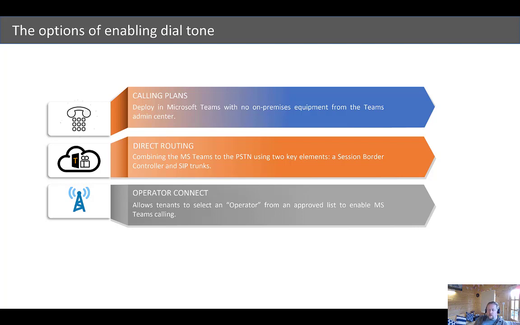Some direct routing providers offer a suite of functionality where that connectivity into Microsoft Teams can be managed through their provisioning portals, attaching telephone numbers to users, managing those telephone numbers, and so on and so forth. And some don't. One of the biggest headaches for direct routing was the PowerShell component. You can't provision direct routing through the Teams admin center. It has to, for the most part, be done through PowerShell. And a lot of direct routing providers don't offer any automation for that, and so customers were obviously having to do some of that themselves.